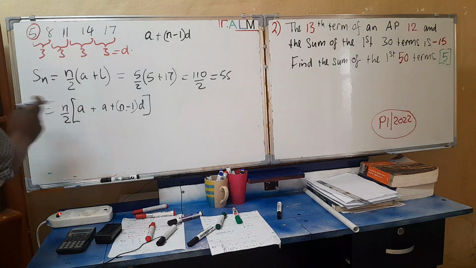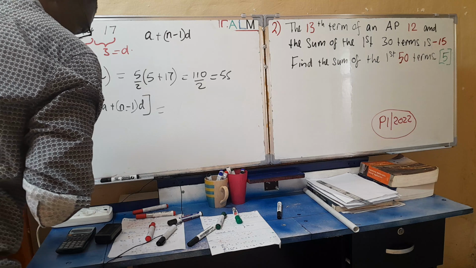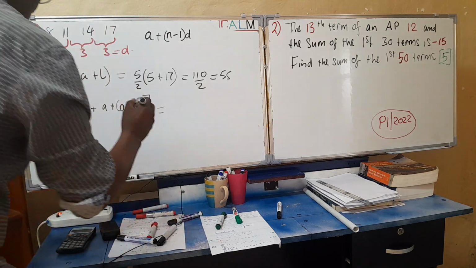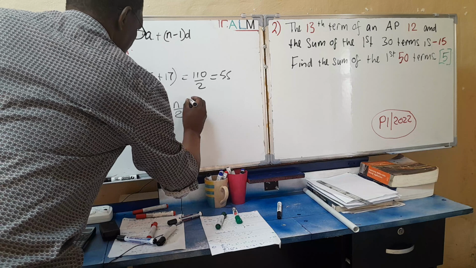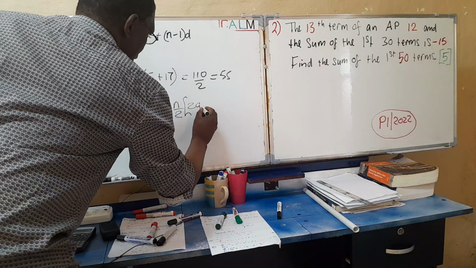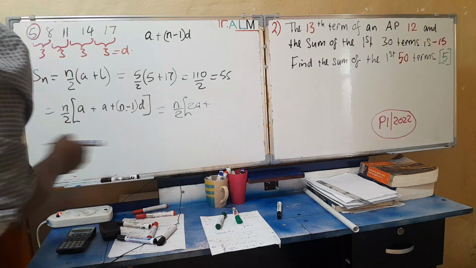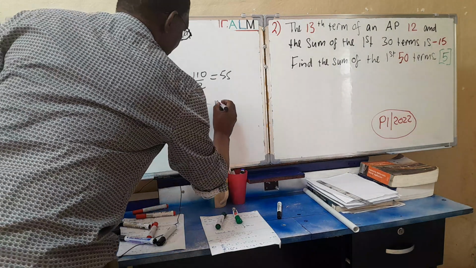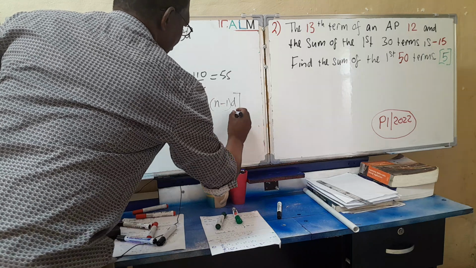Of course, a plus a is equal to 2a. This then simplifies to n over 2 big bracket 2a plus n minus 1 d, big bracket.